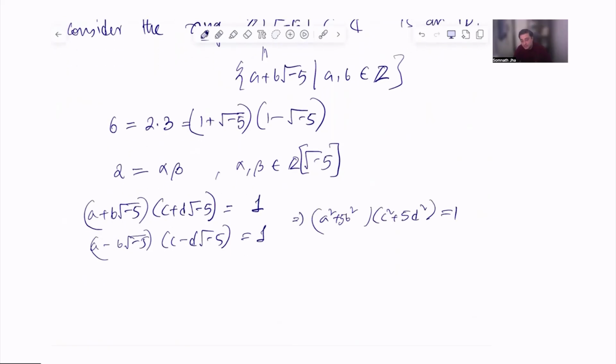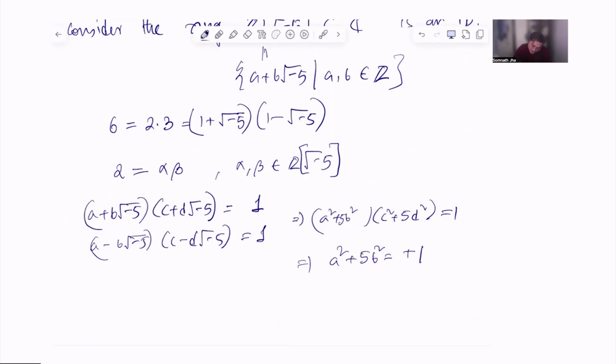Now a and b are integers, so 5b squared is greater than or equal to 5 when b is non-zero. So each of these quantities is greater than or equal to 1. This will imply a squared plus 5b squared equals plus or minus 1. But it can never be minus 1, so because these are positive integers, this has to be plus 1.